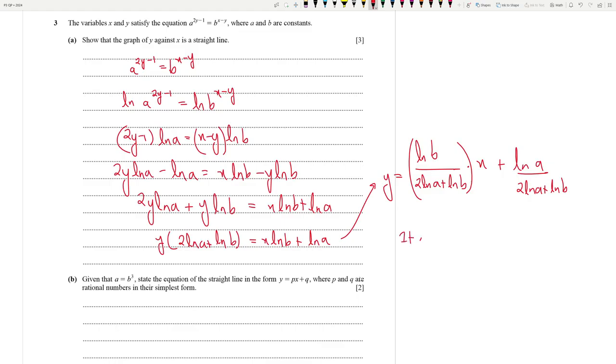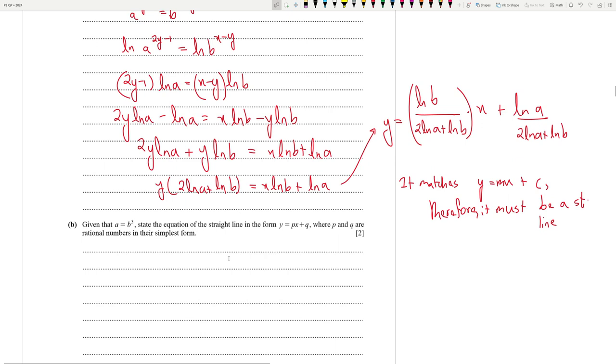So you can say that it matches y is equal to mx plus c. That's it. Therefore, it must be a straight line. You have to write this.